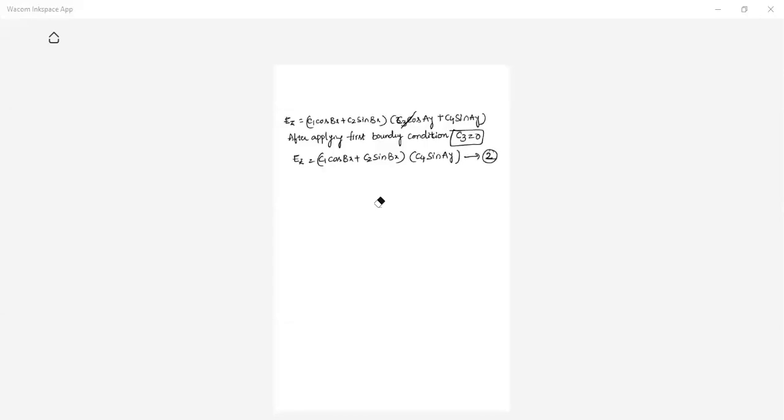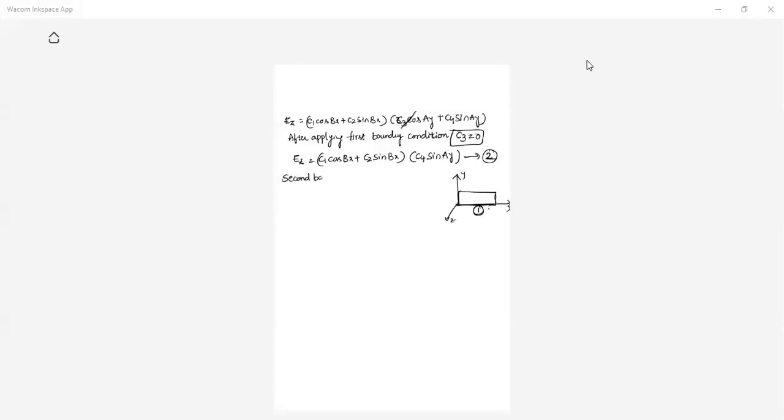Now I am taking another boundary of the waveguide, because we have a waveguide like this. So this is X, this is Y, this is our Z. We have completed this boundary. What is the second boundary we are going to take?